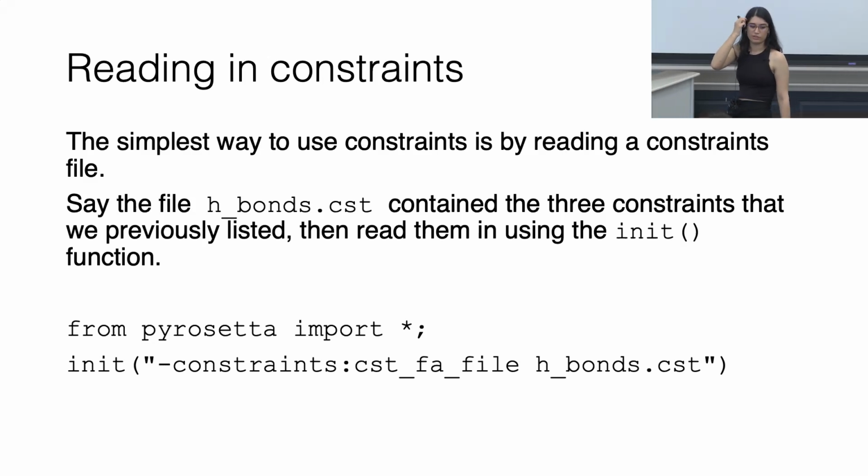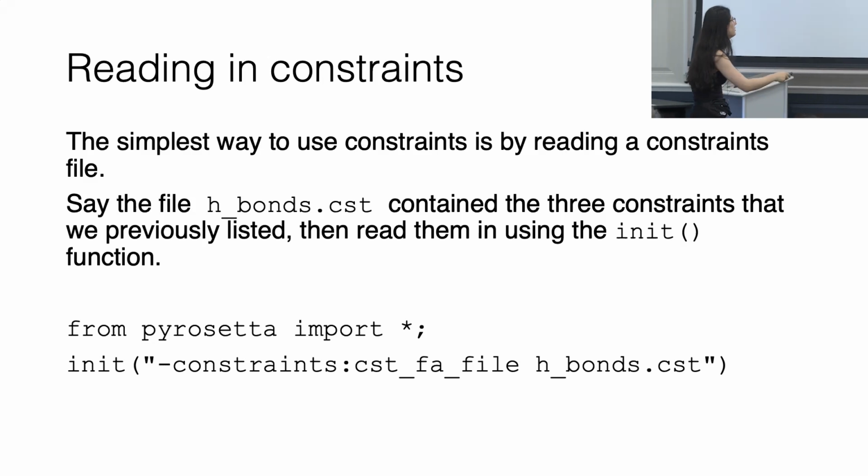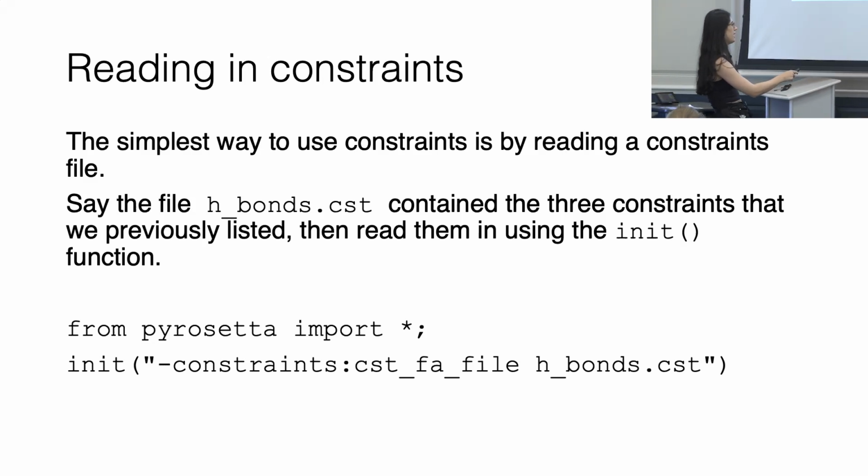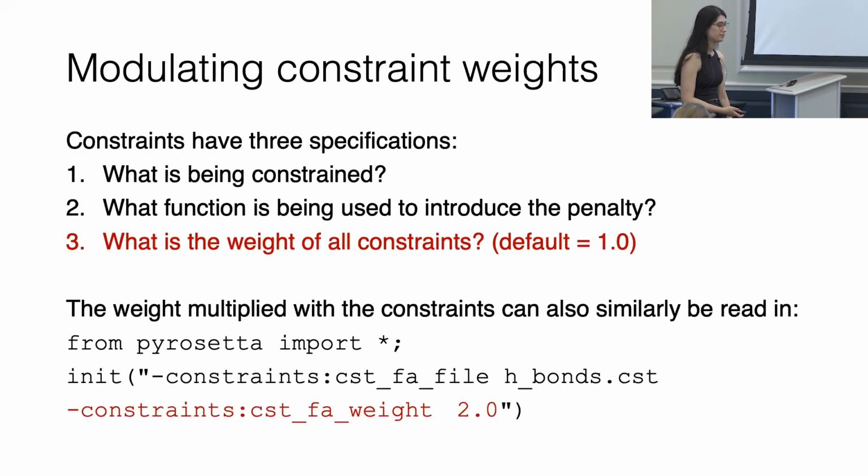And so if you wanted to have a constraint file, in this case, we're looking at a full atom based constraint with hydrogen bonds being the basis for a penalty. And based on loading this, you can make certain changes to your pose and see what kinds of structures that you're sampling.